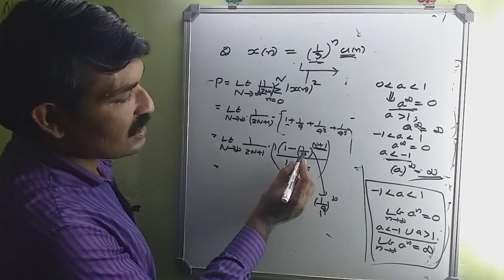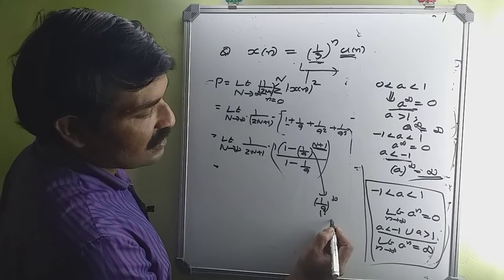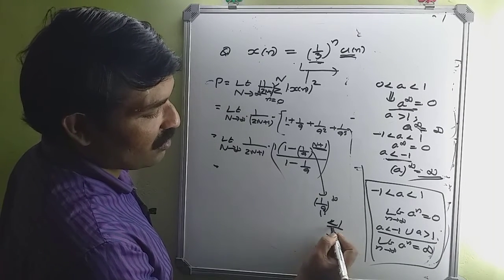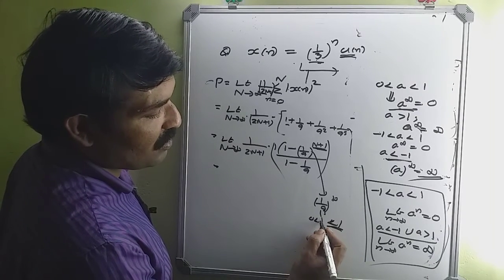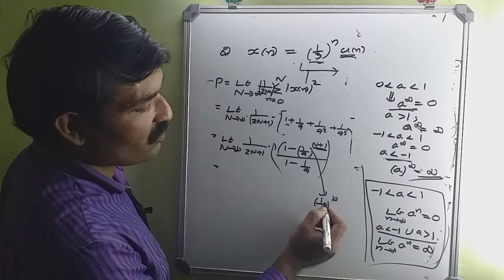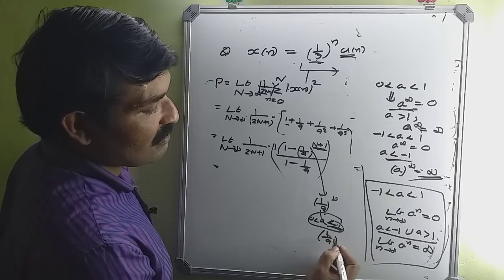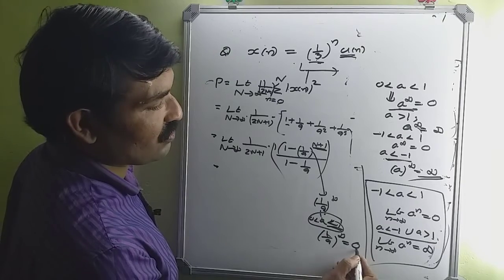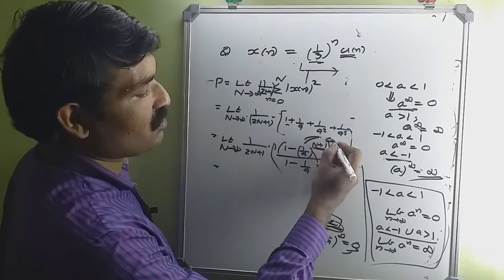Here a is 1 by 9, that is less than 1, or 0 less than a less than 1. So the value of 1 by 9 raised to infinity is equal to 0, so this term is equal to 0.